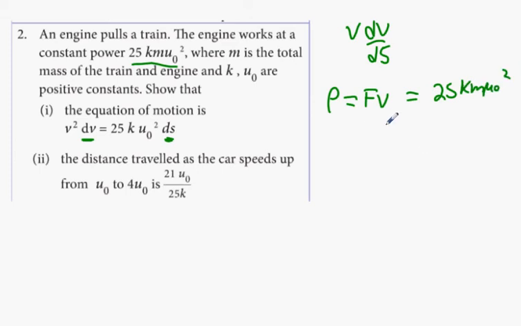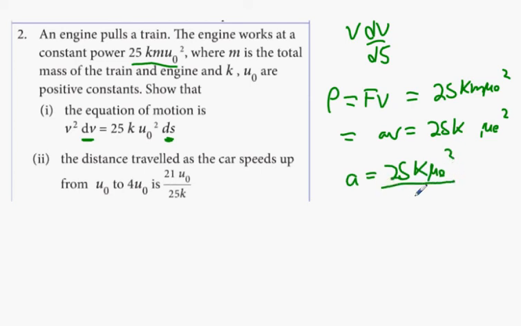Then F is ma. m a v equals 25 k mu squared. The m's can just disappear. Okay, isolate a. a equals 25k mu subscript 0 squared all over v.